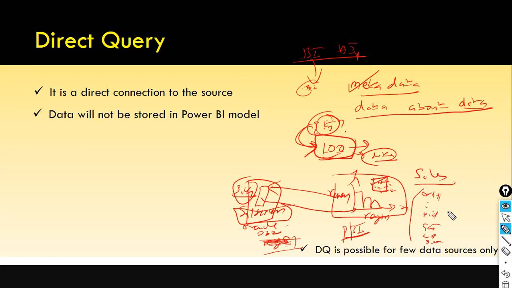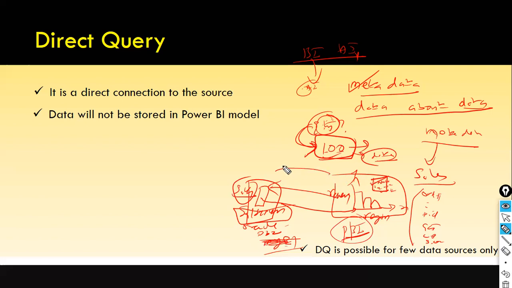These column names and the table only will get loaded here. That is the reason I said metadata. Only the metadata will get loaded in direct query mode. With that metadata, we can drag and drop the columns to the respective axis. When we drag and drop the columns into a visual, it generates a SQL query behind the scenes in Power BI Desktop.